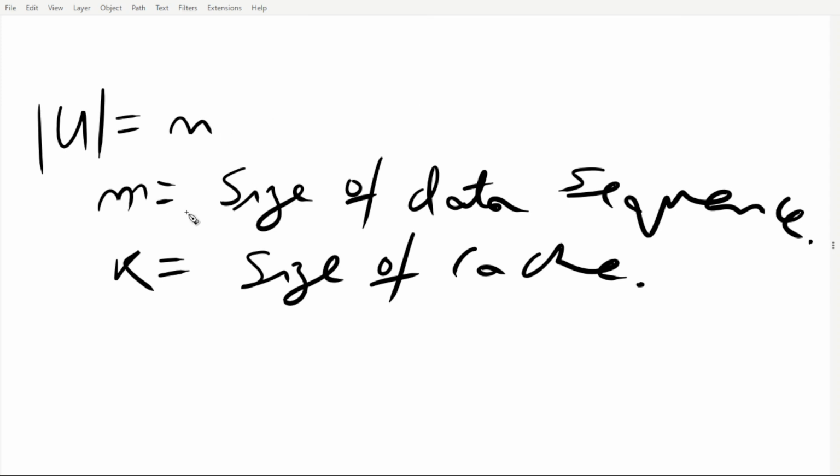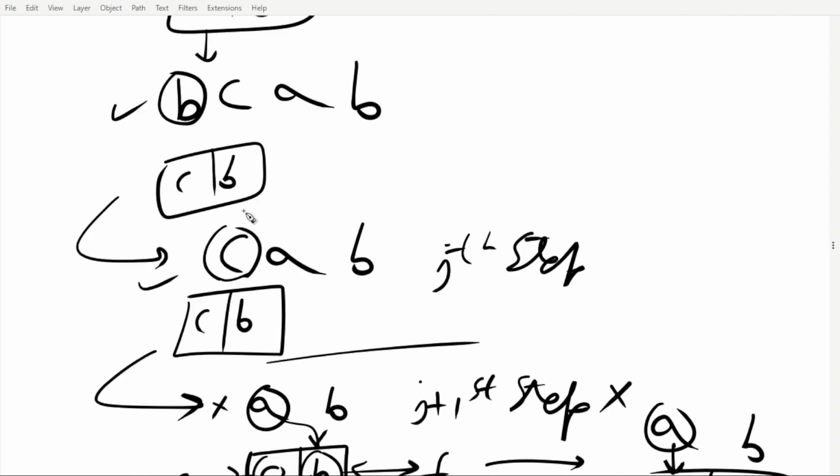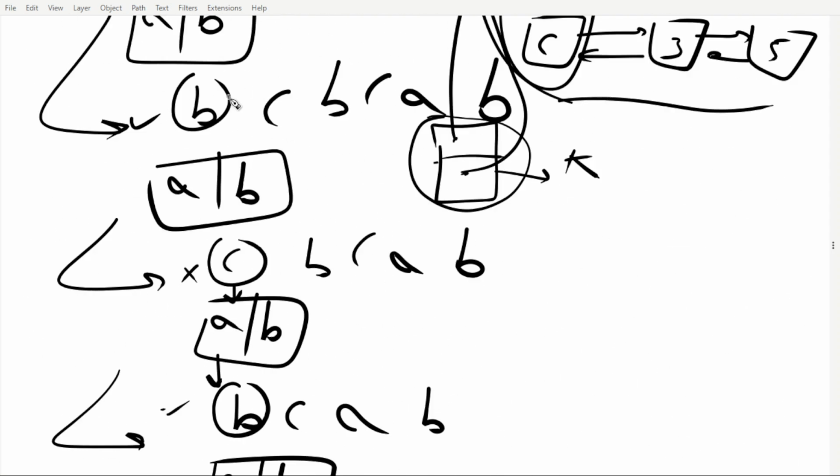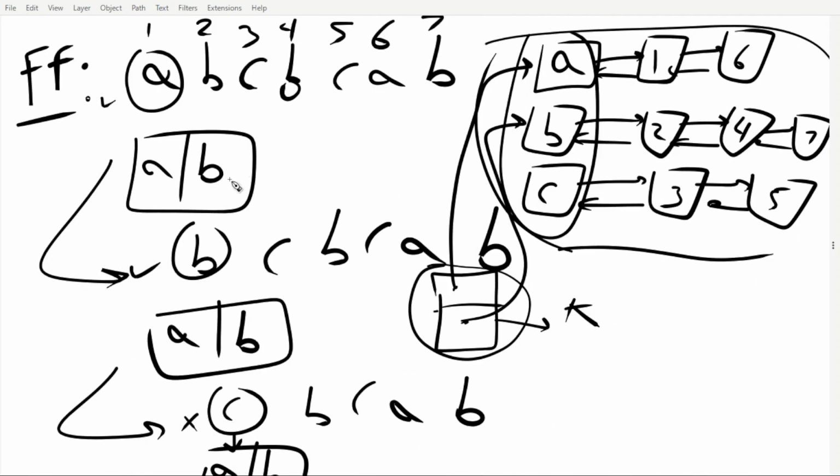Data sequence size is m. Size of cache is k. So k plus n plus m. So one complete scan will take time m. Initializing A, B, C will take time n. Initializing the cache will take time k. So this is the initialization step.